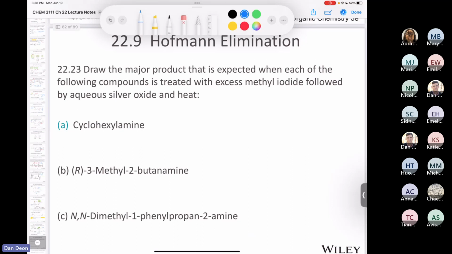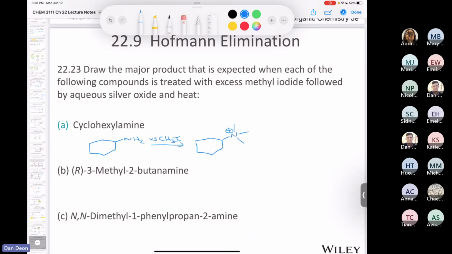It says here, draw the major product that is expected when each of the following compounds is treated with excess methyl iodide, followed by aqueous silver oxide and heat. If we take cyclohexylamine, which is this compound here, and treat it with excess methyl iodide, that is going to give us this compound.